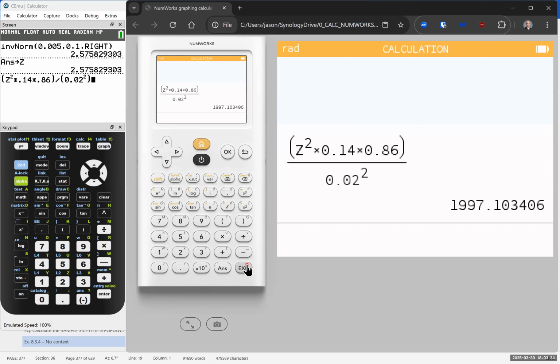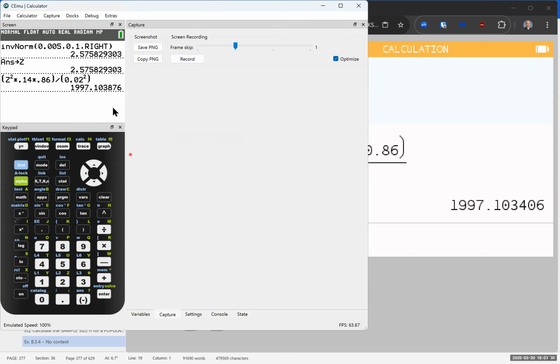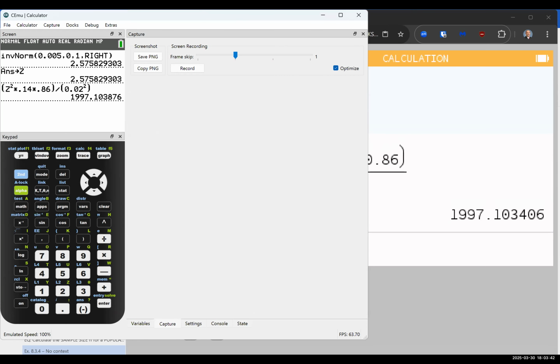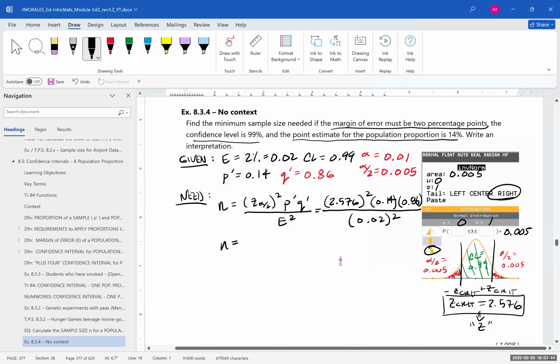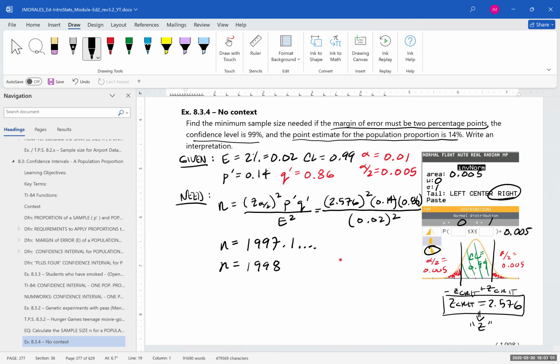We get 1,997.1 and some change, which we have to round up. So it's 1,998.